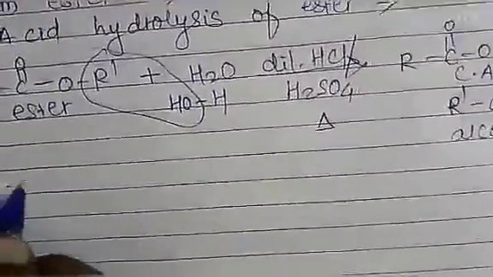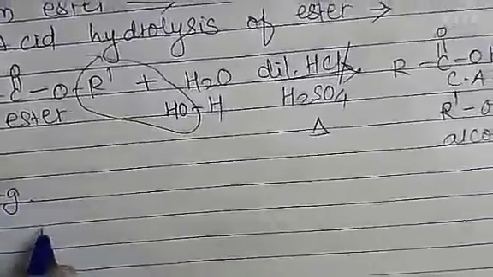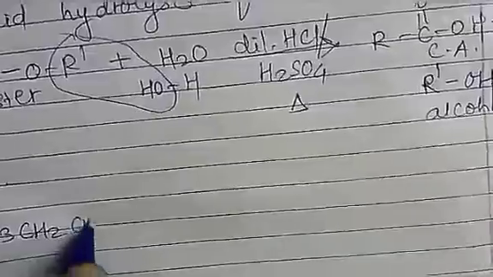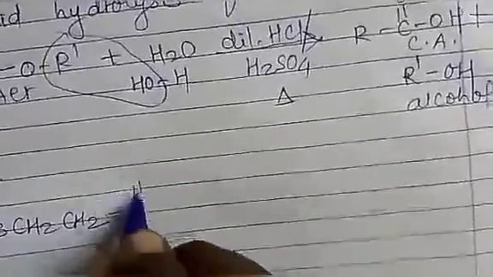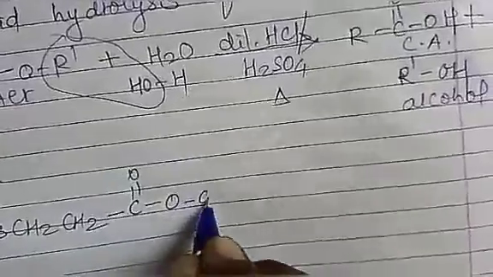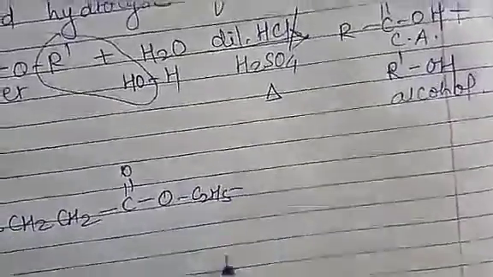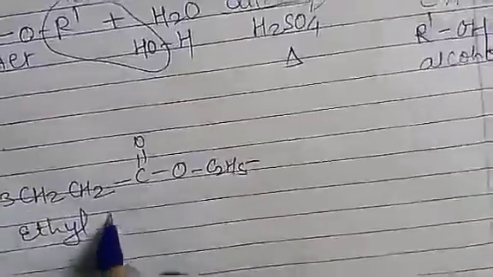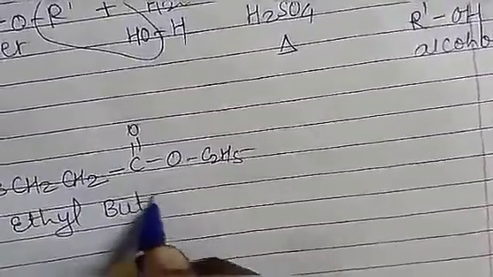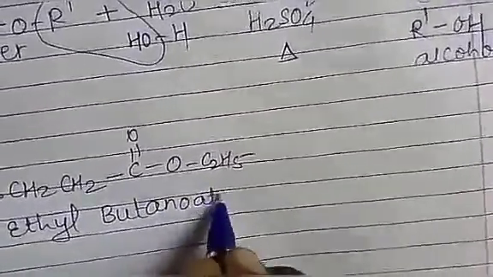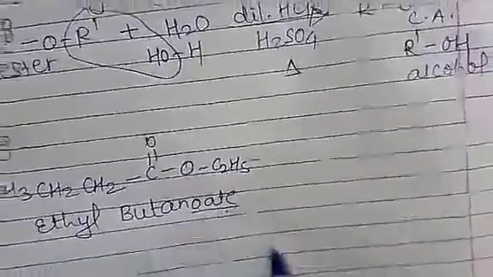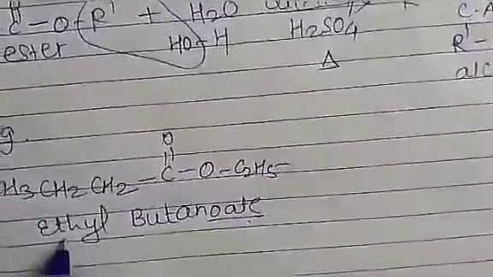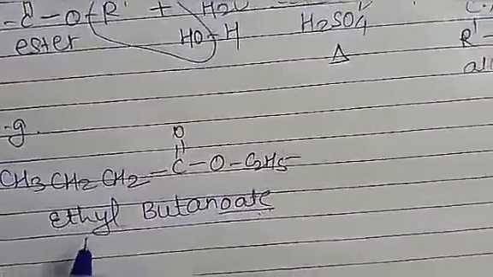Now one example we will see. CH3 CH2 CH2 C double bond O O C2H5. What is the name of this? This is ethyl butanoate. Remember, oate is used for the IUPAC nomenclature of ester, and the smaller alkyl group is considered as a substituent.